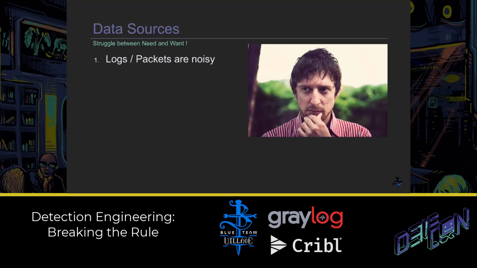Logs and packets are extremely noisy. We all know that. Logging is extremely expensive. We all know that. That's a fact of life. However, this world works in a 90-10 rule when it comes to log sources and detections. What we mean by the 90-10 rule is that 90% of your detection happens using 10% of your data, right?